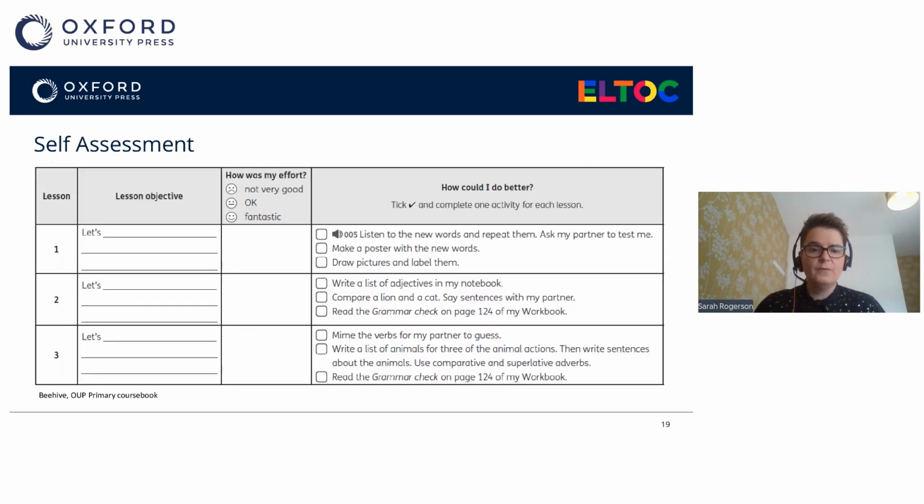Okay, let's move on. Oh, moved on too quickly. And here is another type of self-assessment with maybe a more advanced level class, or a different time of the course. Could be maybe you do this quarterly or every term or something. And here they're writing the lesson objective, they're describing their effort, and they're describing how they could improve, how they could do better.